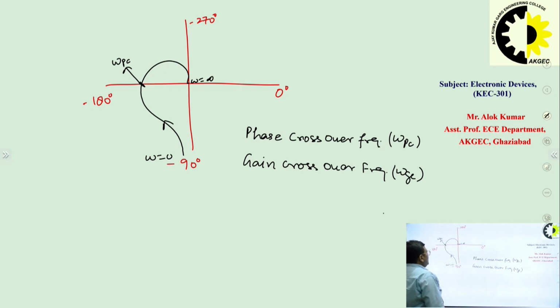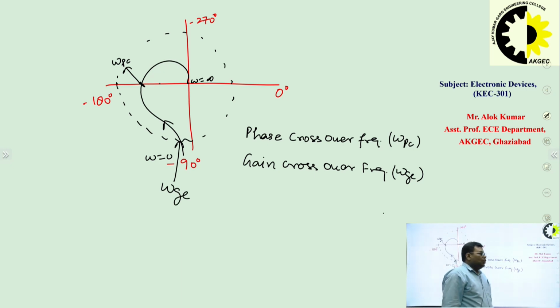And if I draw a unit circle, so for example, this is a unit circle. The polar plot is intersecting with this unit circle. The frequency at which it is happening is called omega GC or gain crossover frequency.